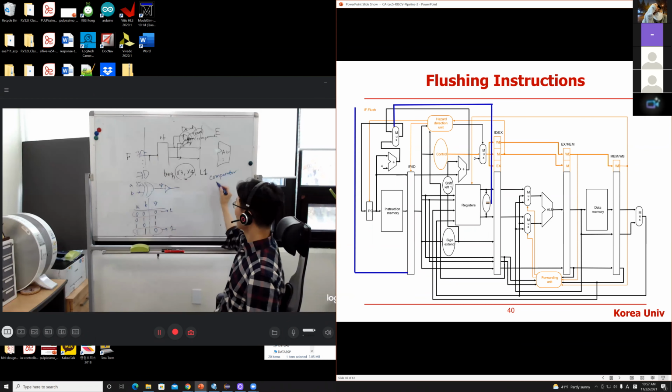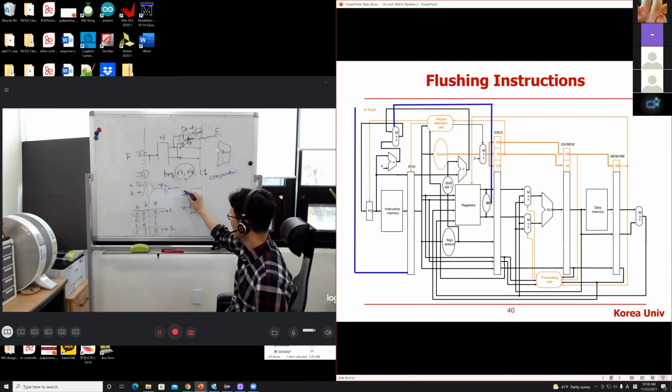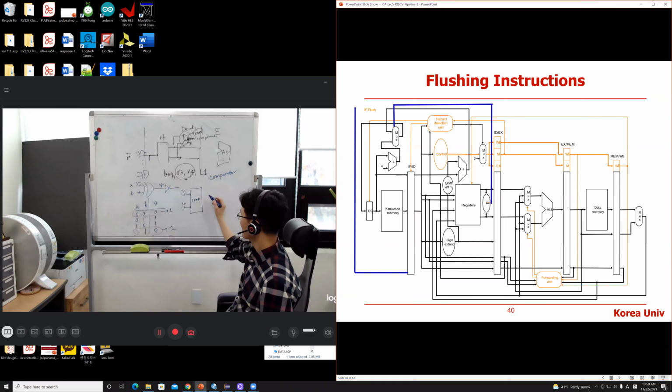So simple, right? The comparator will receive 32-bit data, and you have 32 XOR gates.